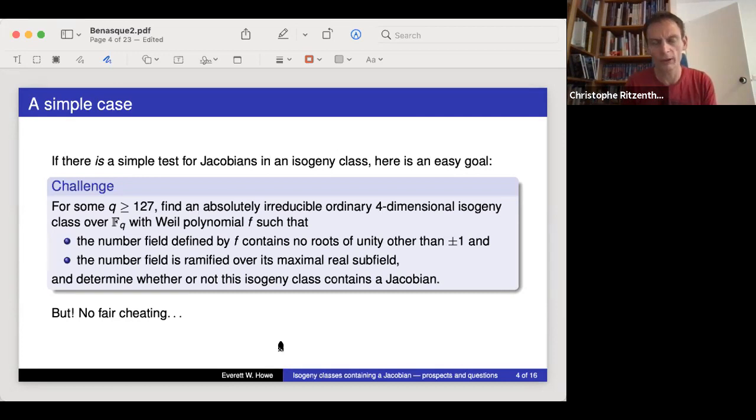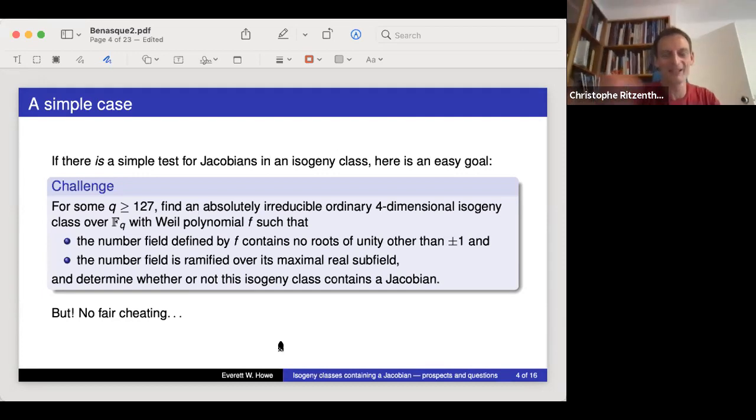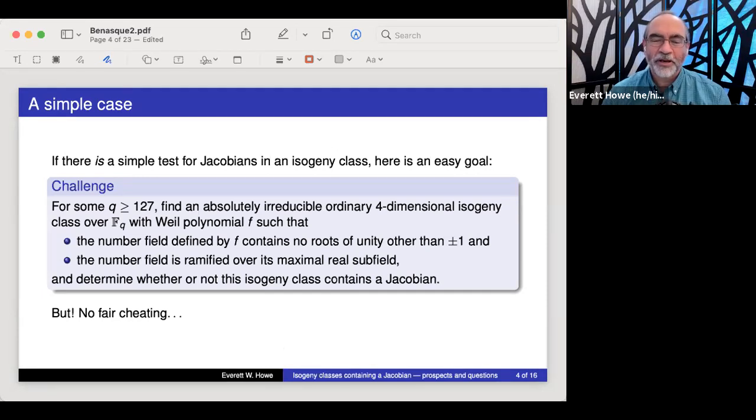But for genus 4, I don't think that anybody has done this either, to be able to reconstruct the curve from the Jacobian. So indeed, you really chose your problem very carefully, and that would probably be very, very hard.